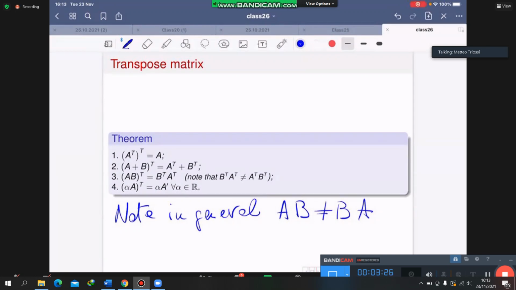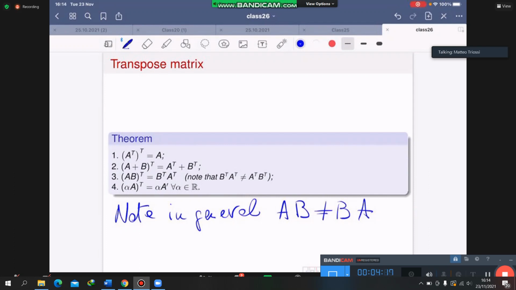Remember that we can multiply a matrix and another matrix only when the number of columns of the first equals the number of rows of the second, and this is not in general satisfied by A^T B^T, unless both A and B are square matrices, meaning they have the same number of rows and columns.